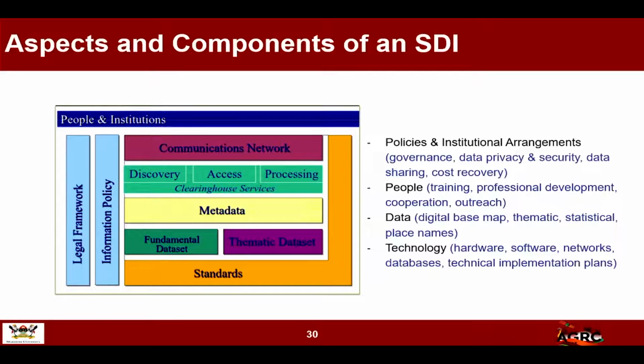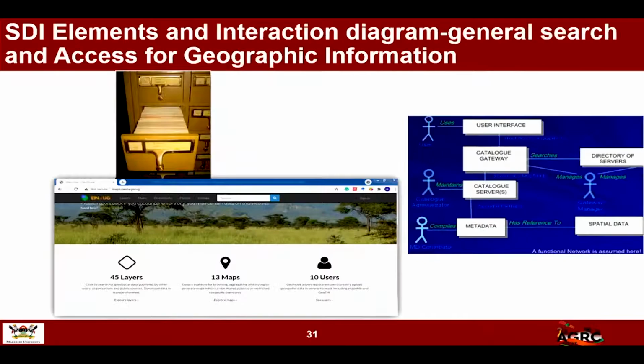And then we need to have the data sets. We talked about the fundamental and the thematic data sets. And then we need to have standards governing all these technical things. And then we need the people, and then the institutions. And then we say that what you literally see of an SDI are the policies that may be written somewhere, and the legal framework.